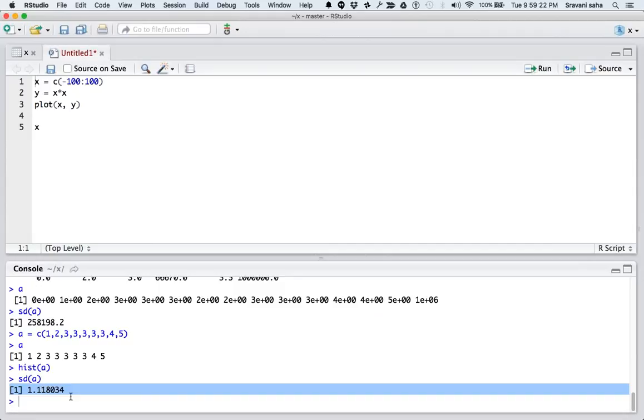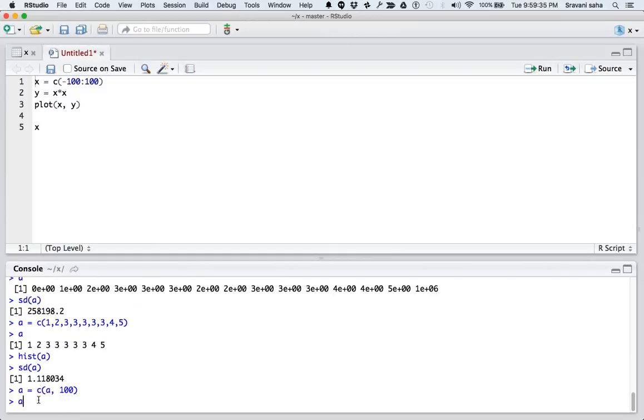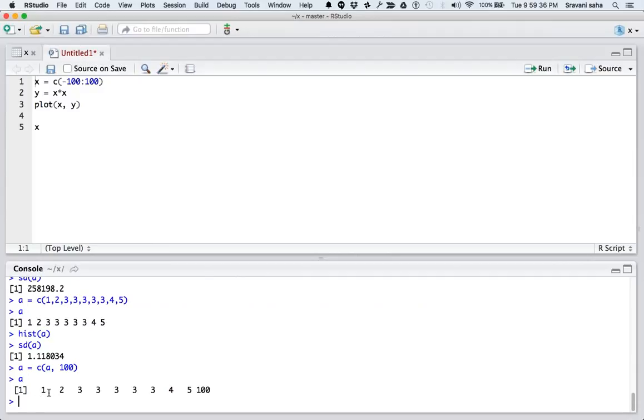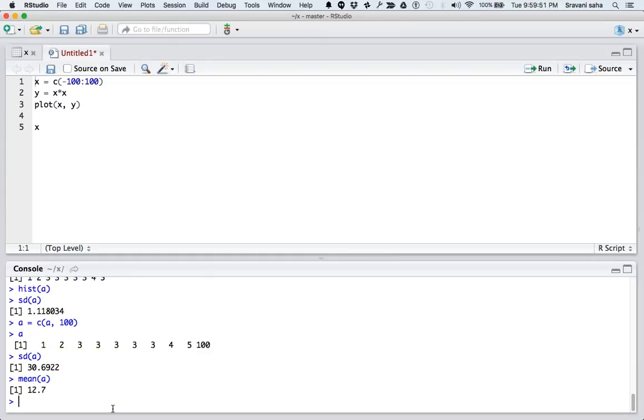Now if we just add a few values in a, let's say one value suddenly comes in, called 100. So we have 1, 2, 3, 3 and then 100. Now what is the standard deviation of a? It has become bigger because the mean value of a is 12.7.